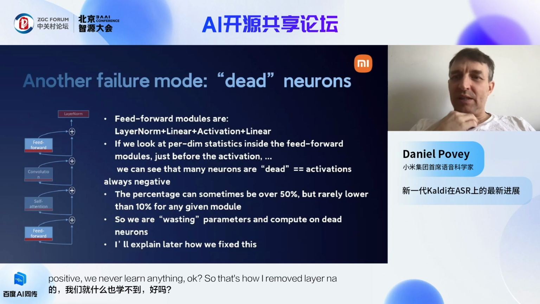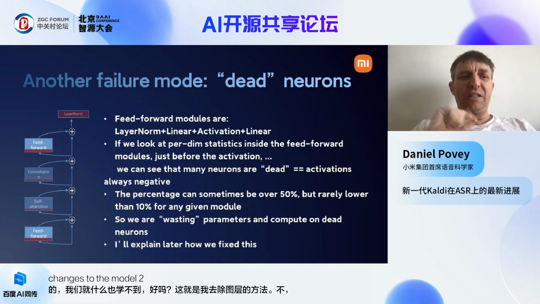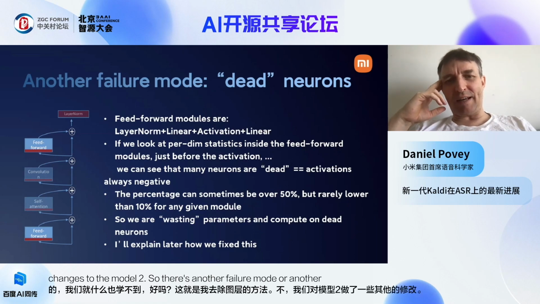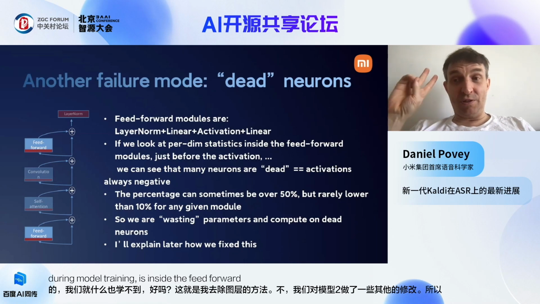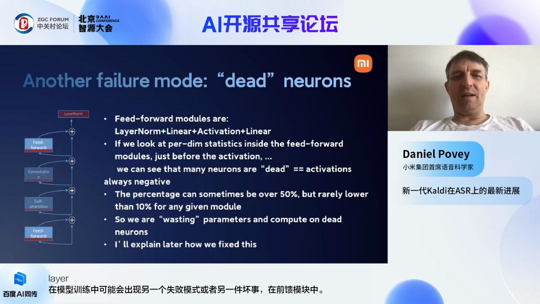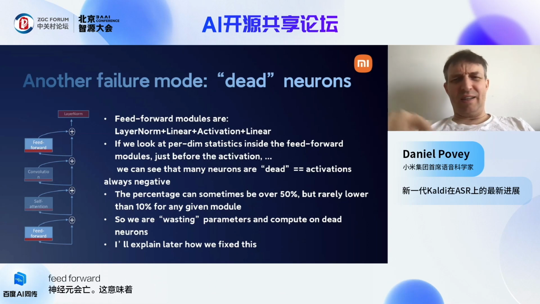Now, we made some other changes to the model too. There's another failure mode, or another bad thing that can happen during model training, inside the feed-forward modules, and there's 2 feed-forward modules per layer. A lot of neurons can die. What that means is there's a hidden dimension inside the feed-forward, let's say it can be 2048.